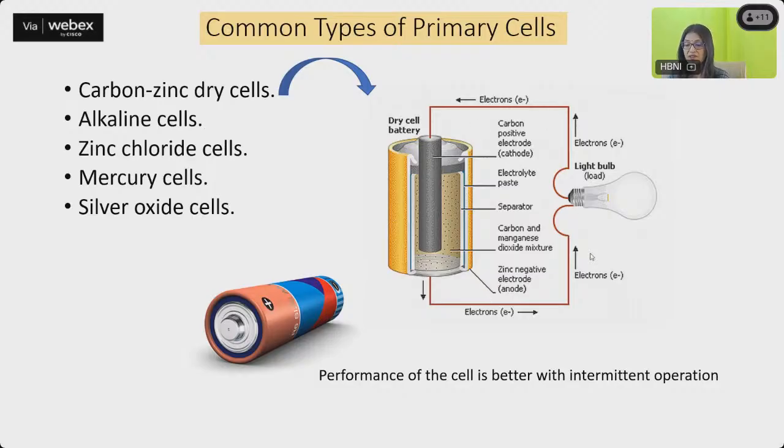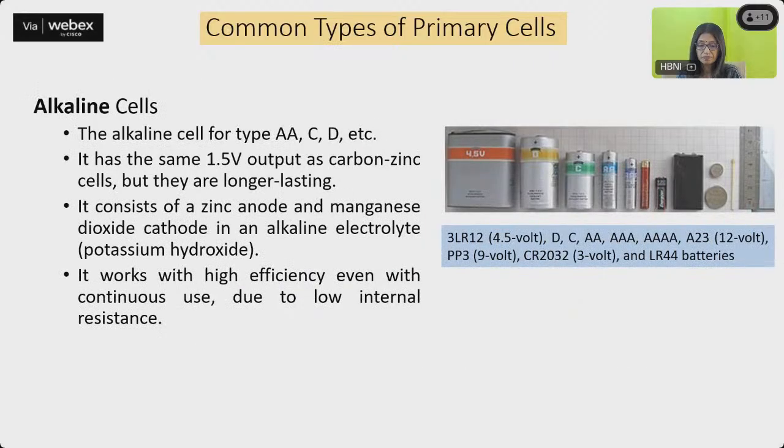If you connect this battery to a light bulb, the bulb lights up. These are the batteries you see when using an electrical torch and similar devices. This is the common carbon zinc cell, where carbon is acting as the cathode and zinc as the anode, and the electrolyte is a carbon and manganese dioxide mixture.